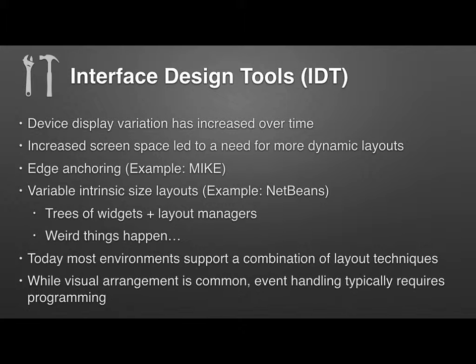Or if it's just pinned to one side, it's going to stick to that side. And so you can also do some different things in terms of having things that are usually called either springs or spanners, setting different priorities for how things will lay out when the area that you have changes.